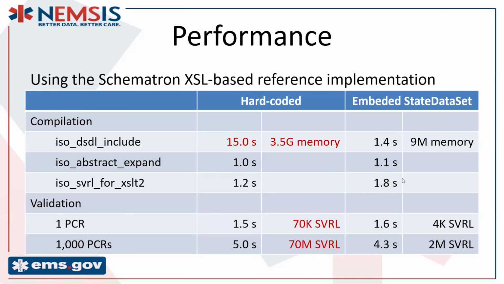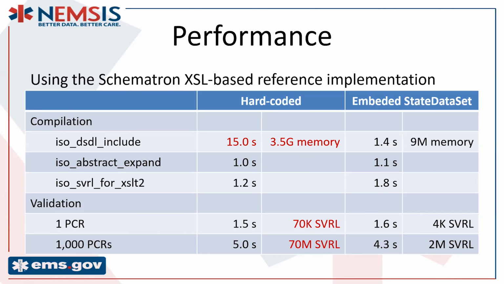And then looking at validation, the validation times are fairly, roughly equivalent. When you're doing a large number of PCRs, then the embedded state data set approach becomes slightly more efficient than the hard-coded approach. But the main reason for that is the output that you get.